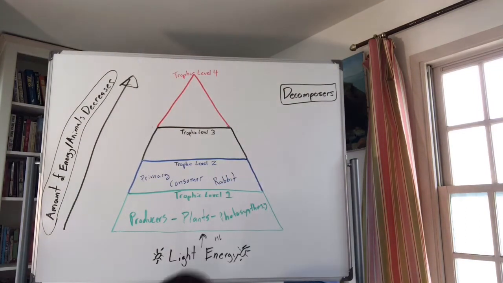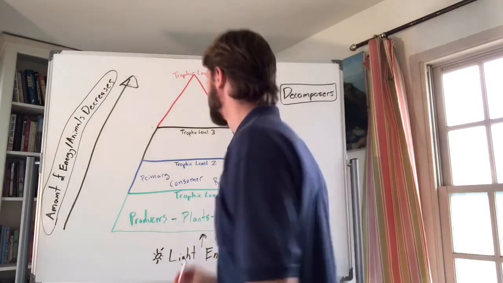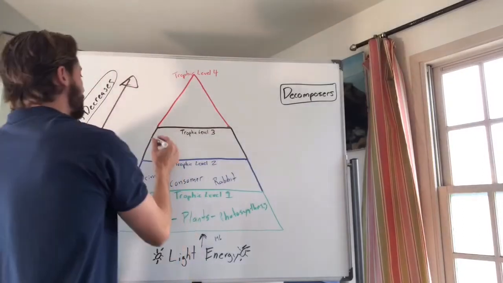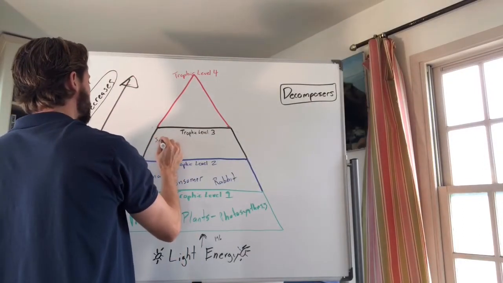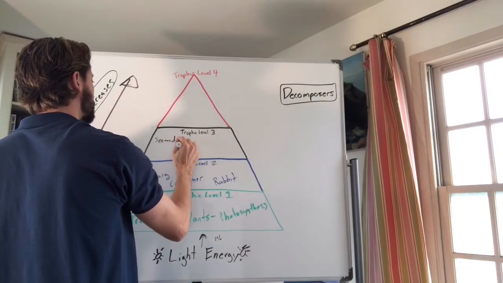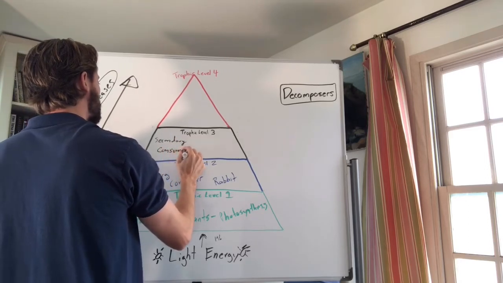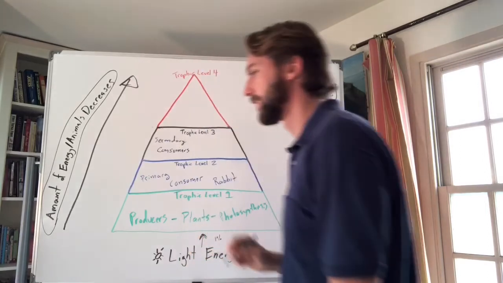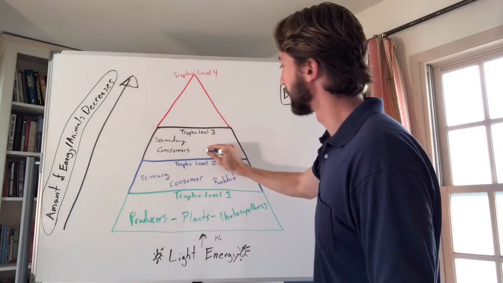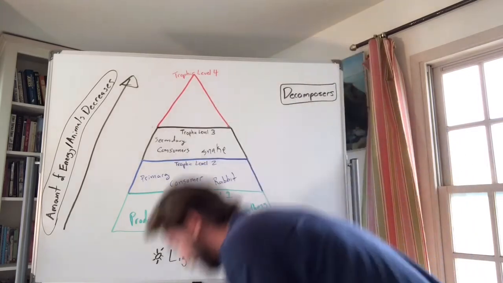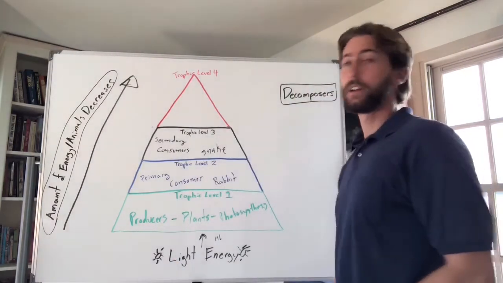After our primary consumers, we're going to have our secondary consumers. So secondary consumer in this food chain, let's say a snake eats this rabbit. And then finally, after secondary consumers come our third or tertiary consumers.